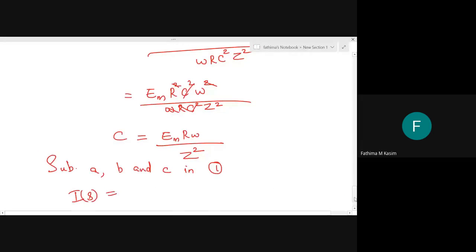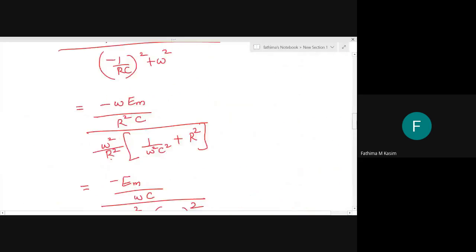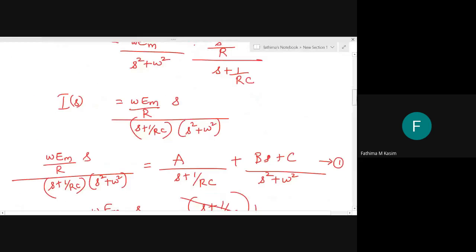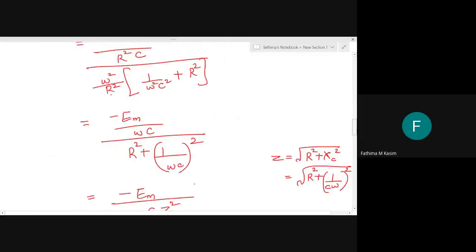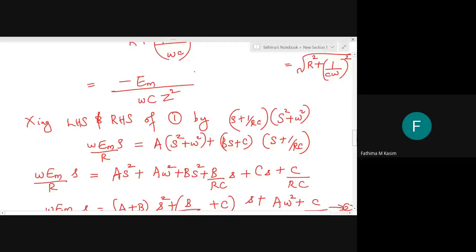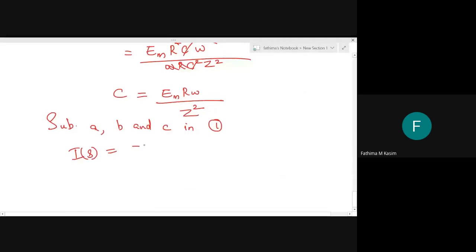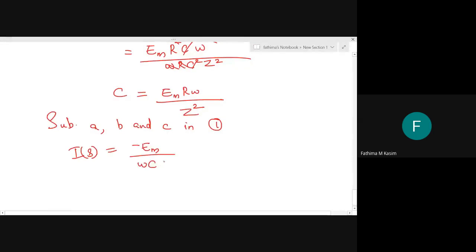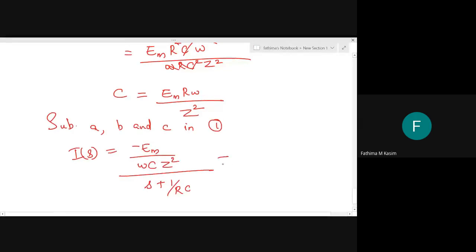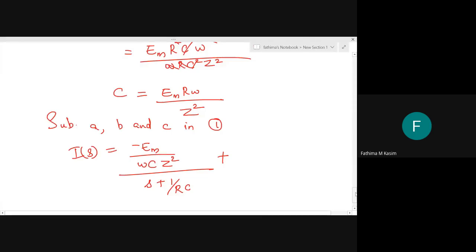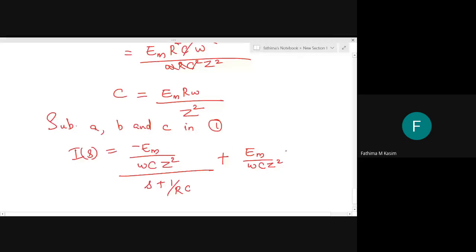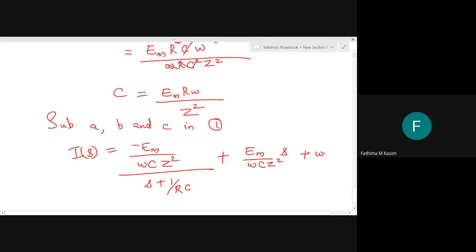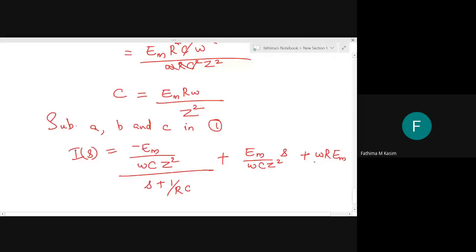So I of S is equal to A by S plus 1 by RC, and A is minus Em by omega C Z square. So this becomes minus Em by omega C Z square divided by S plus 1 by RC, plus Bs plus C, and our B is Em by omega C Z square, S plus C is omega R Em divided by Z square.